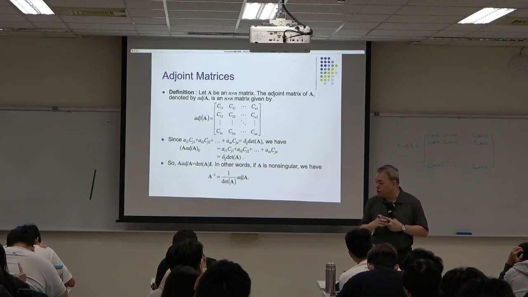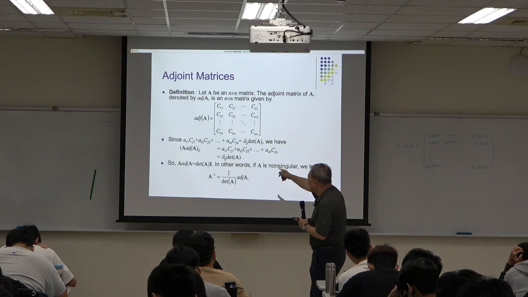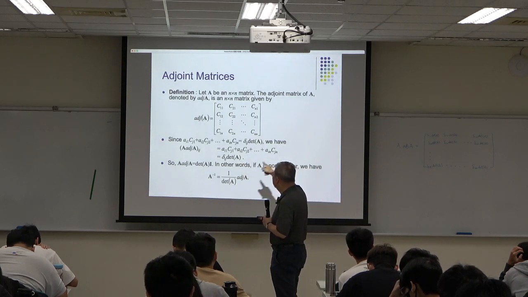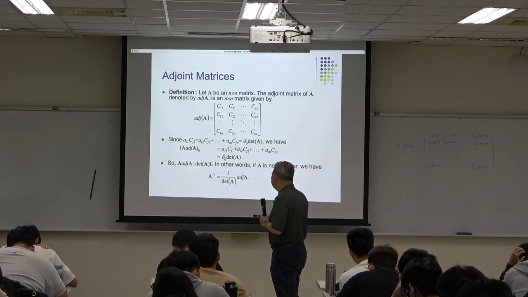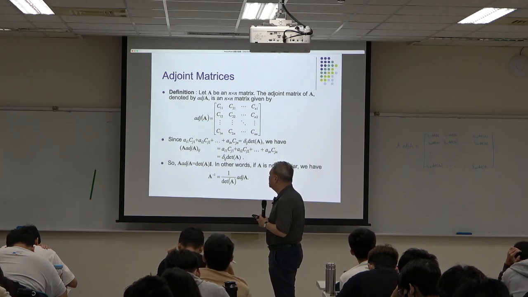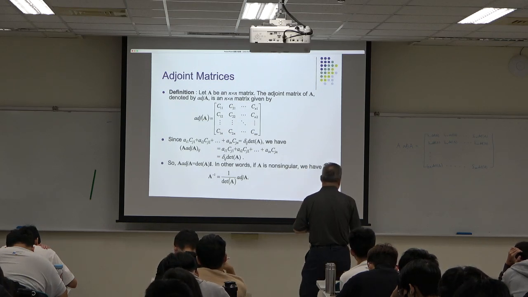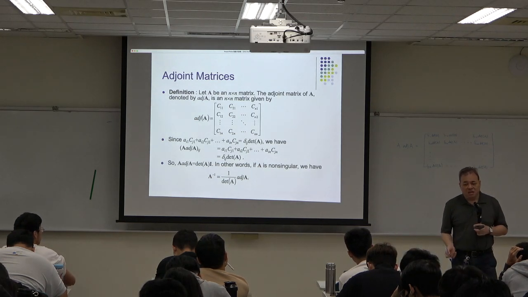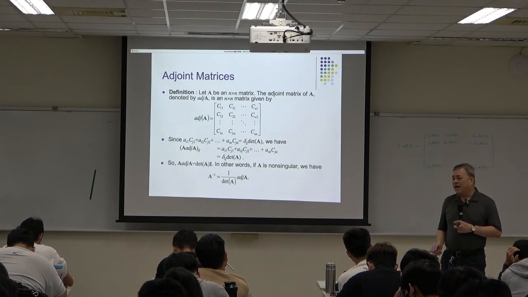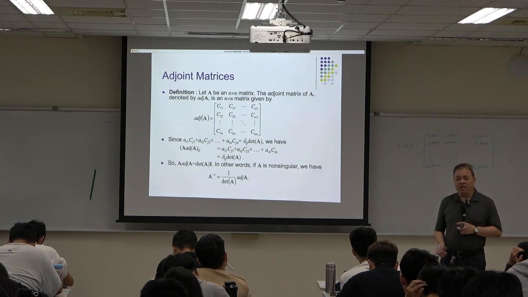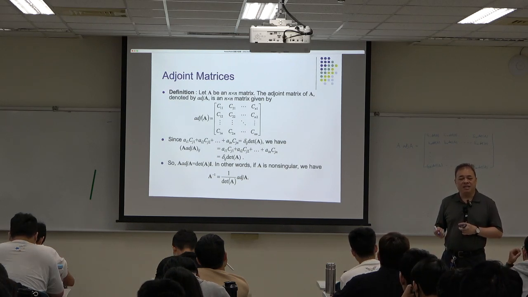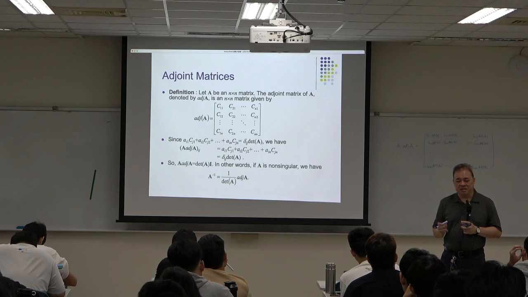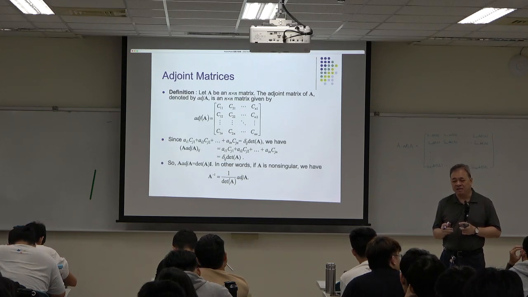Okay, according to the definition of this delta ij determinant A, I just want you to be aware, delta ij when i equals j is 1. When i and j are different, then delta ij is 0, right?